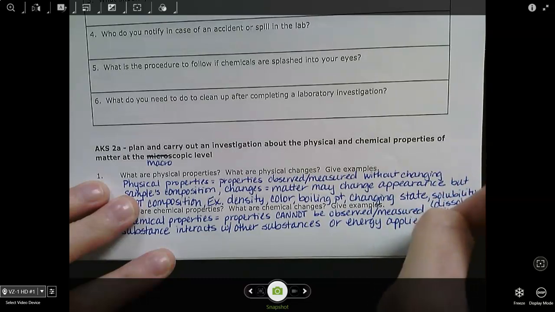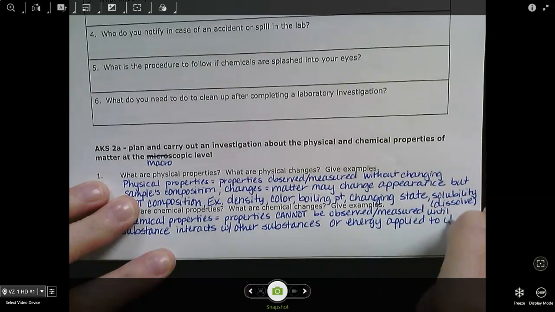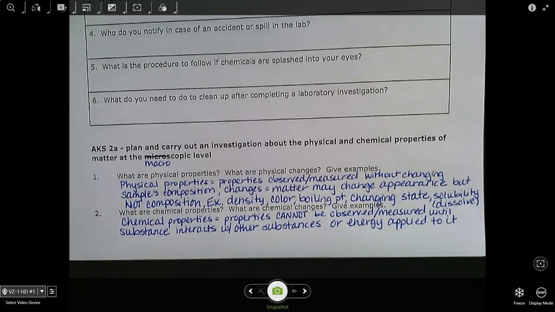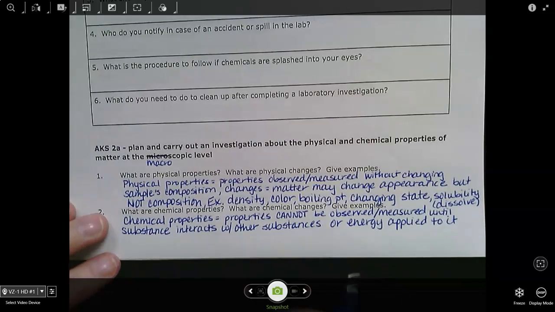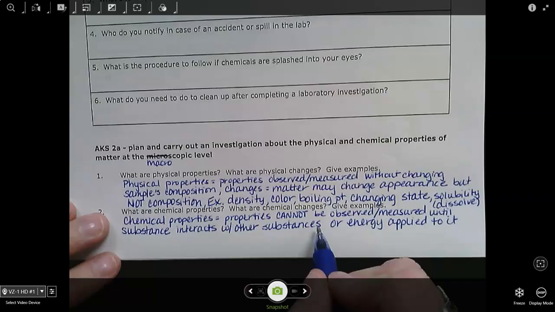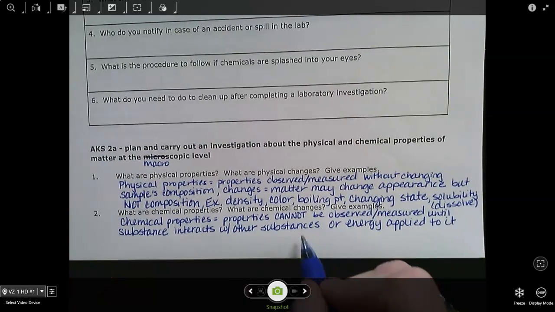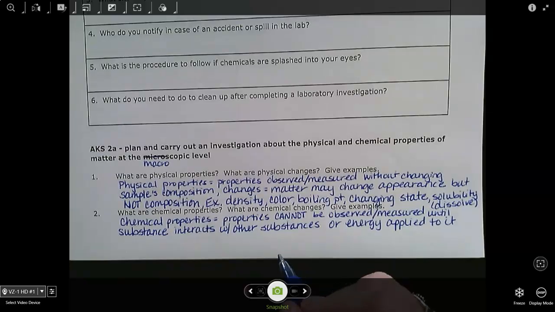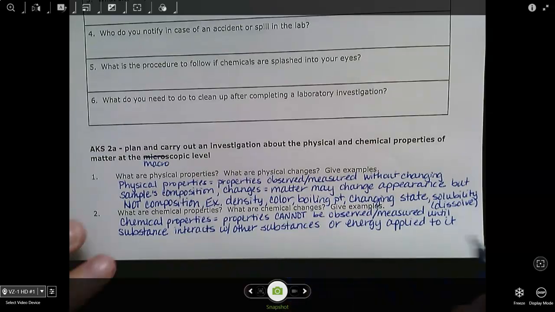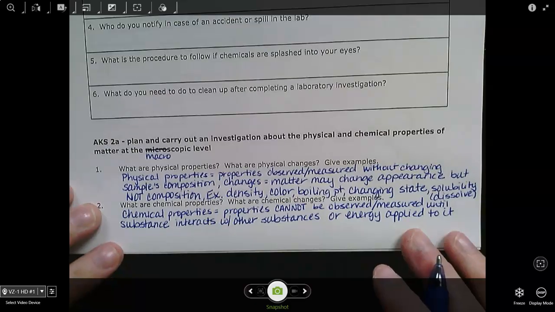There's situations where when you apply energy, that energy will cause a change to occur. Maybe it'll cause it to decompose or to catch on fire, that kind of thing. So in order to see those kinds of properties or measure those properties, that substance actually has to be having energy applied to it or interacting with some other chemical substance.